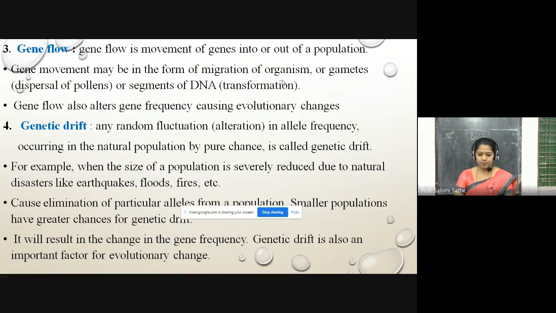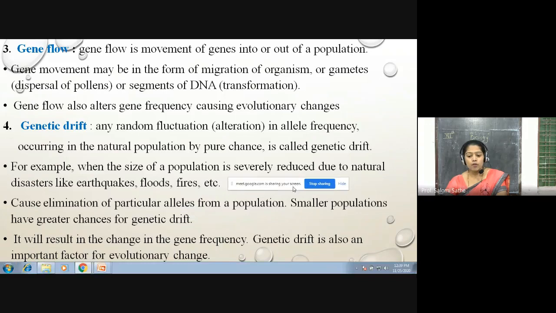For example, when the size of a population is severely reduced due to natural disasters like earthquakes, floods, fires, etc., it causes elimination of a particular allele from the population.